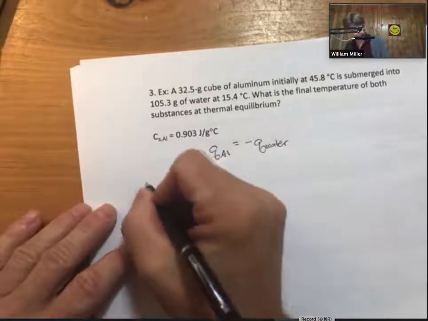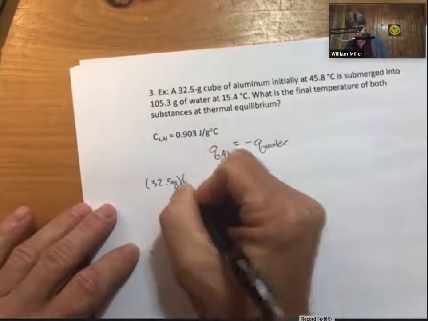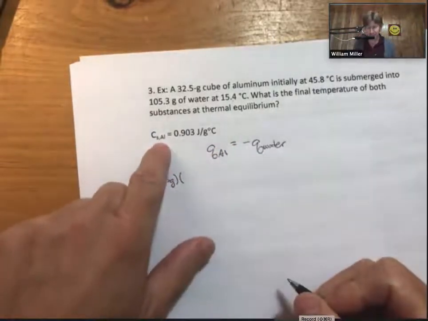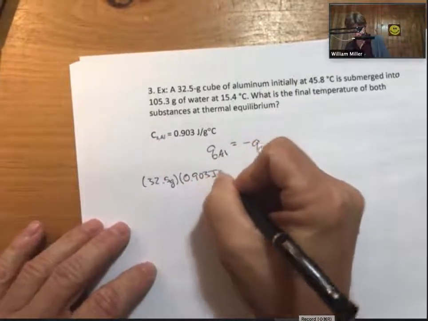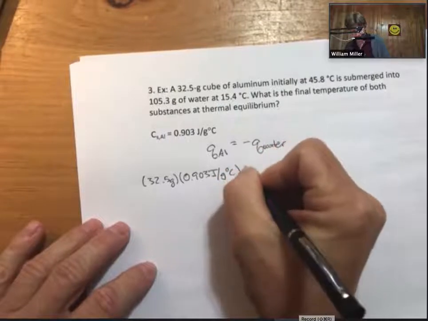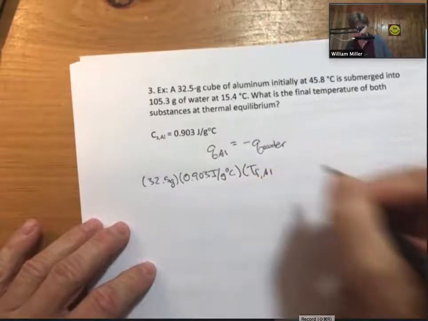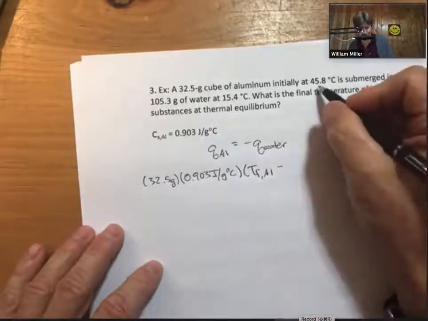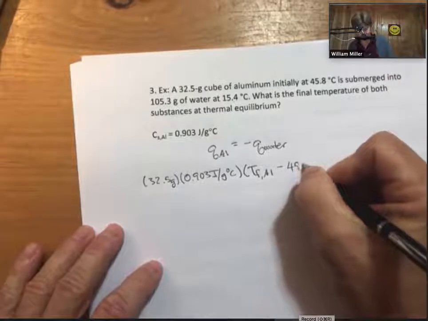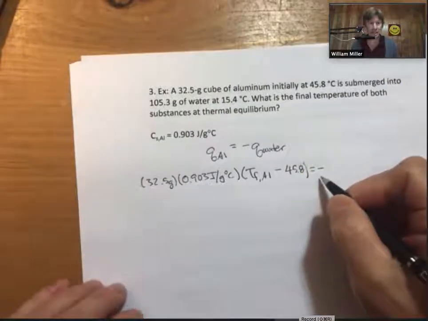My mass of aluminum, my specific heat is given for my aluminum. My T final for my aluminum is not known, but my T initial is 45.8. Do not forget the minus sign.